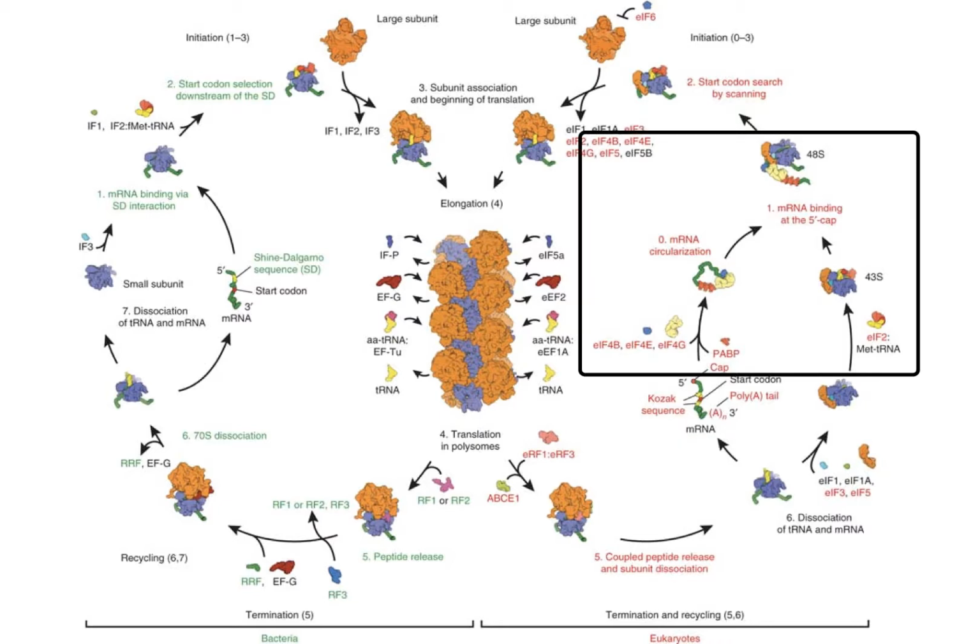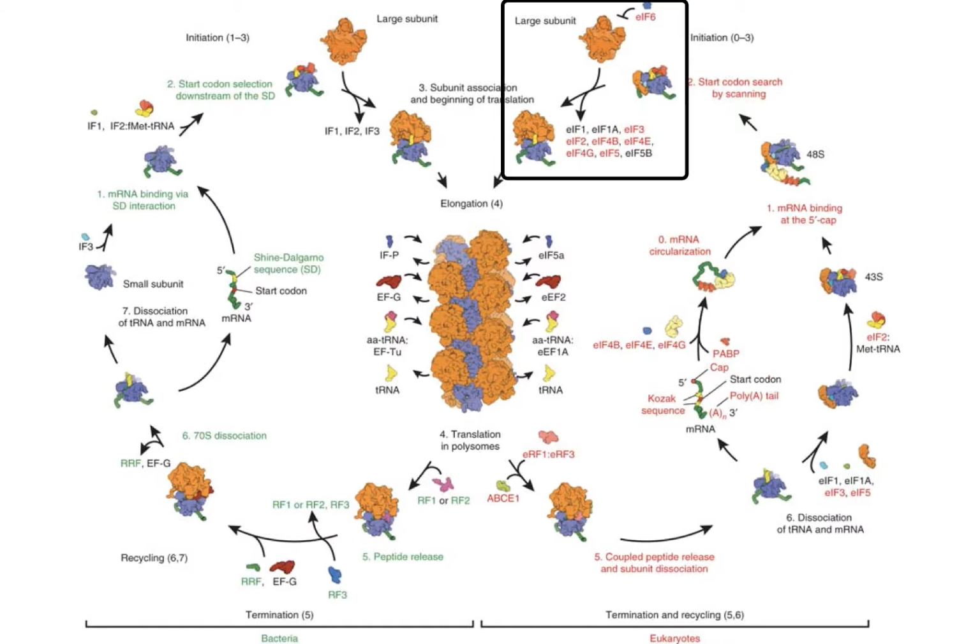And then you have initiation factors coming in to attach, again, the mRNA to the small subunit, usually by a cap binding protein, also recognizing that 7-methylguanosine as the attachment site in the small subunit, bringing that together with initiation factors with the catalytic subunit, that is the large ribosomal subunit.